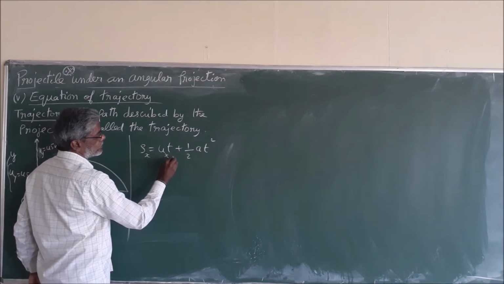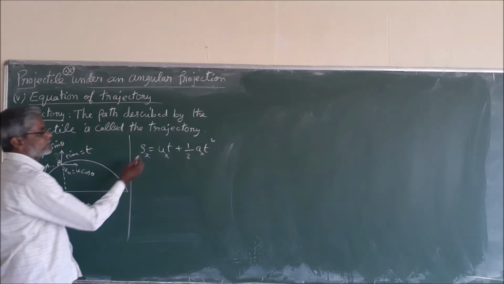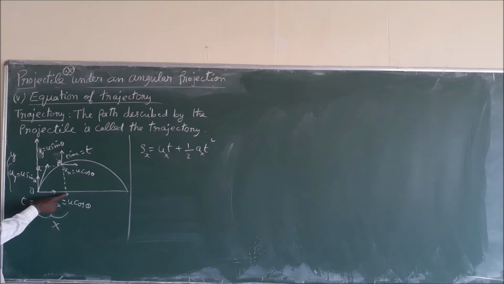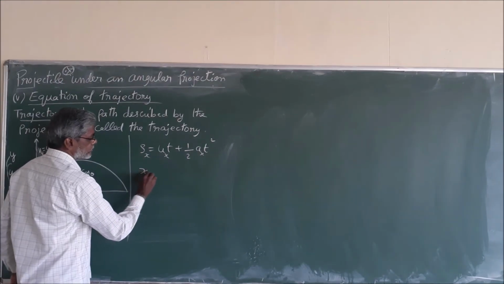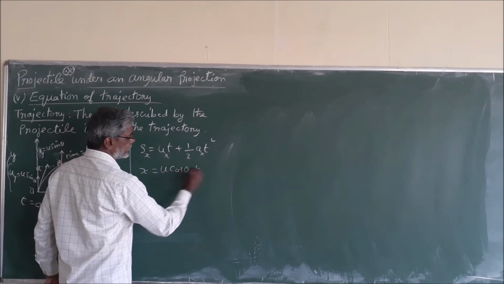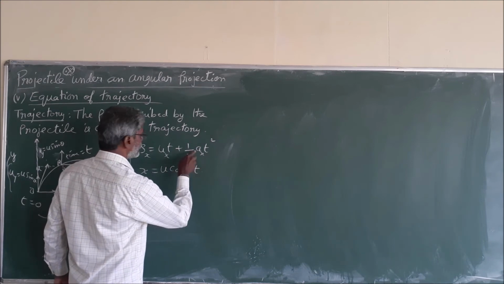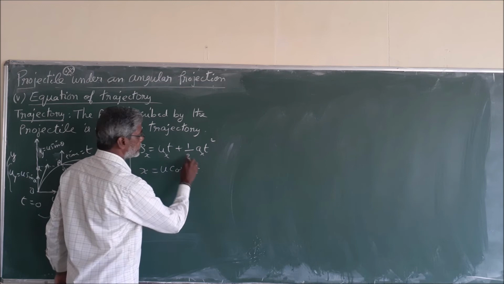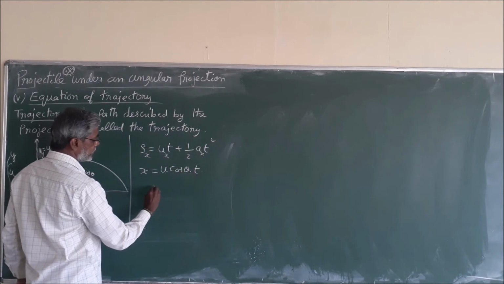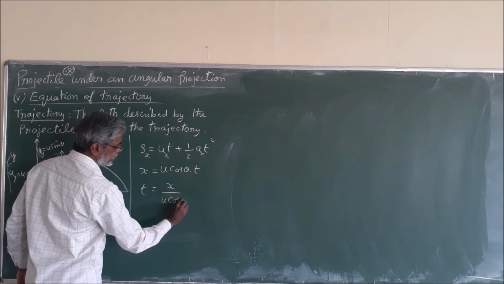This is x, ux, ax here, and this s of x is nothing but the distance from O to here, and let it be x. ux is nothing but u cos theta into t, and the acceleration in the horizontal component is 0, so this overall becomes 0. So x is equal to u cos theta into t, therefore t is equal to x divided by u cos theta.